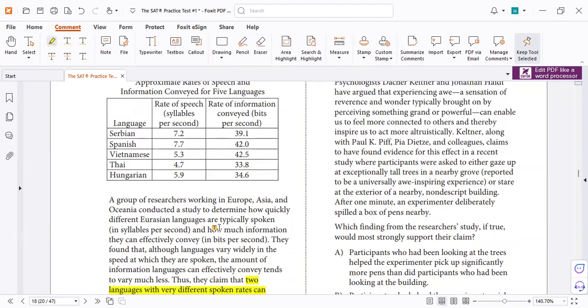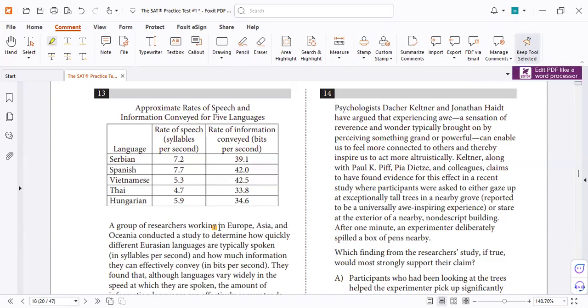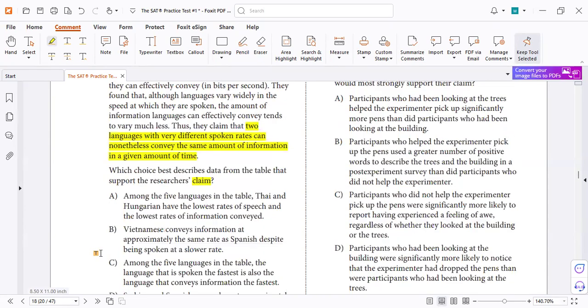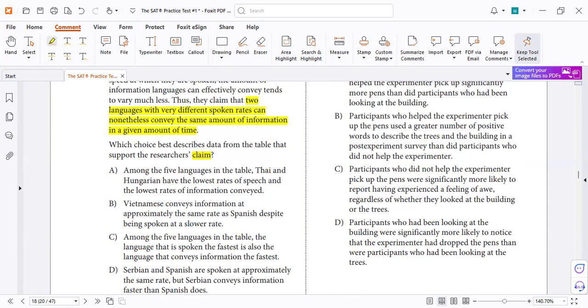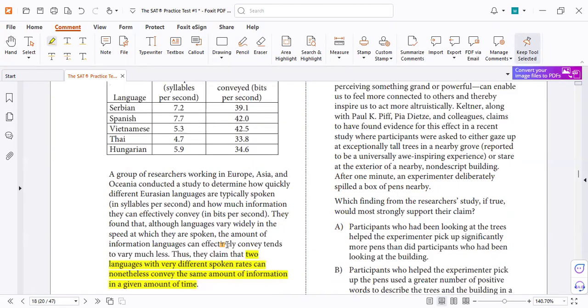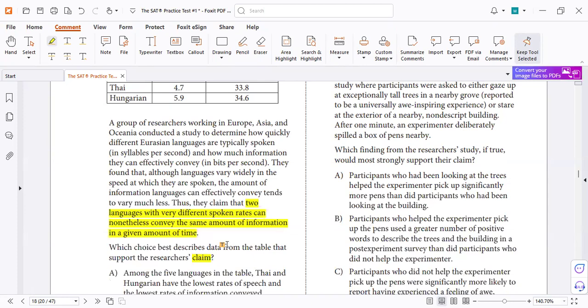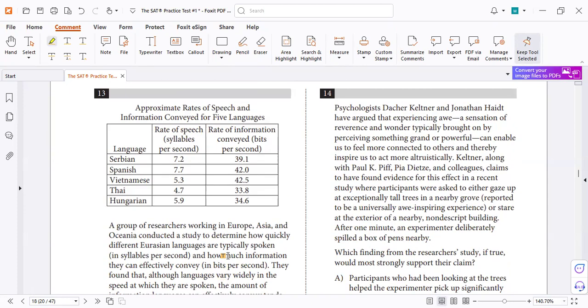Did you catch it? Sir, need to go and find the answer. Okay, now I've got the claim. What is your answer? Is it in the table? Yes, in the table and in the graph. It must be in the claim and in the graph.